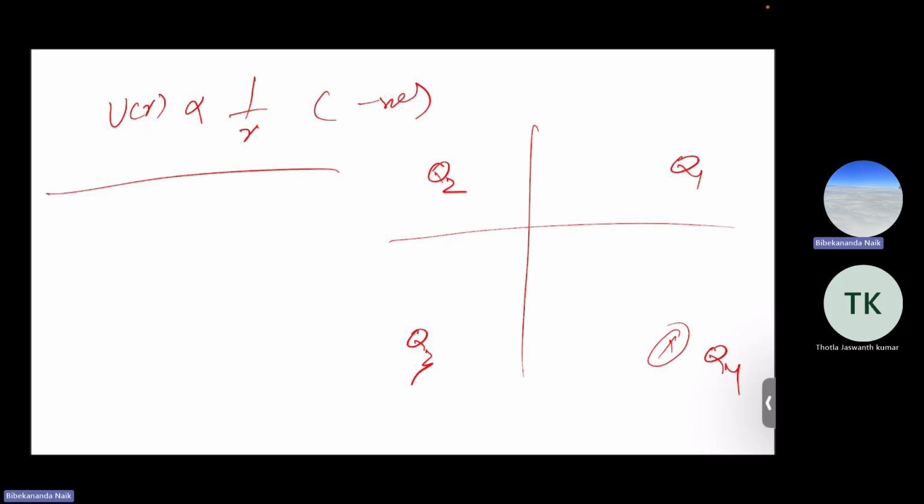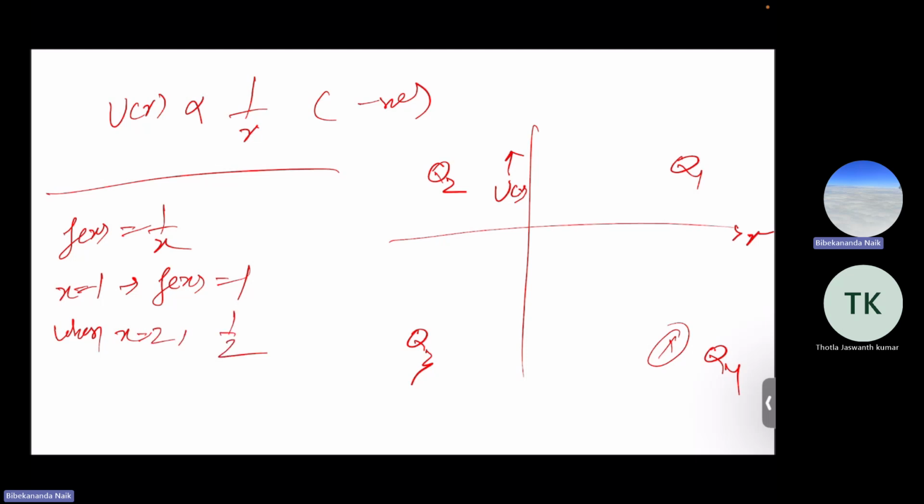Now suppose we only discuss 1 by r. There is a function f(x) is 1 by x. This is r, and this is U, which is a function of r. When x is equal to 1, f(x) is 1. When x is 2, f(x) is 1 by 2. When x is 0.5, f(x) is 2.